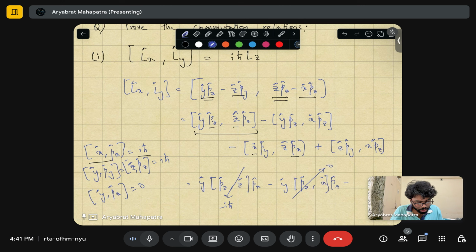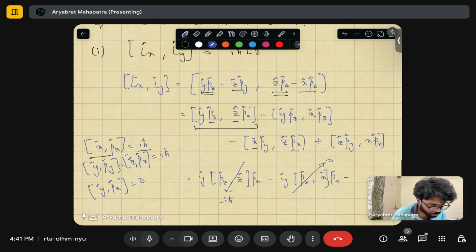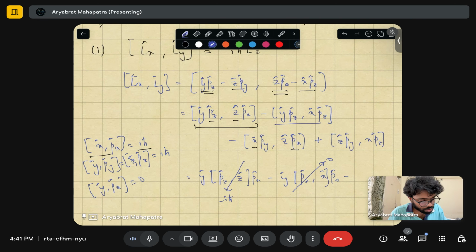From the third term you will get x and px. From the second term you got zero.